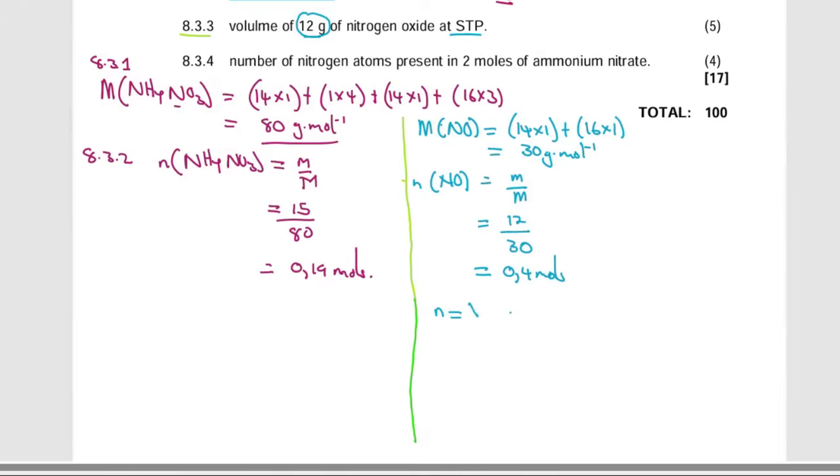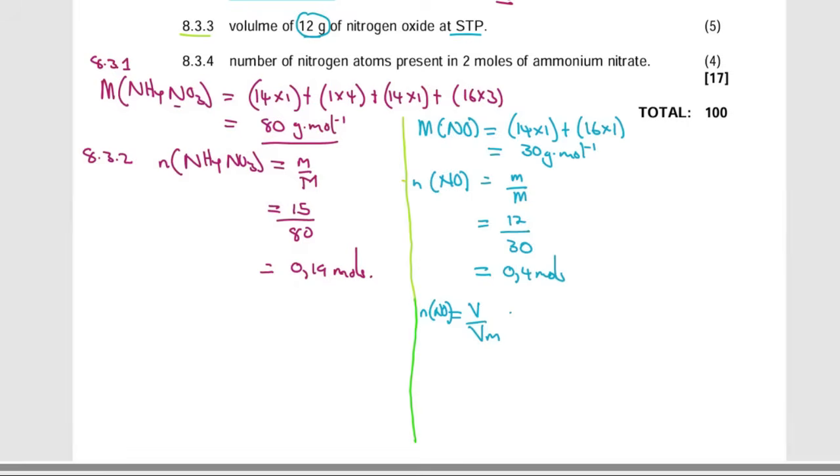So now what are we looking for? We're looking for the volume of this NO, right? Then I can just do it like this. As a continuation, I can just say n bracket NO is equivalent to that, right?